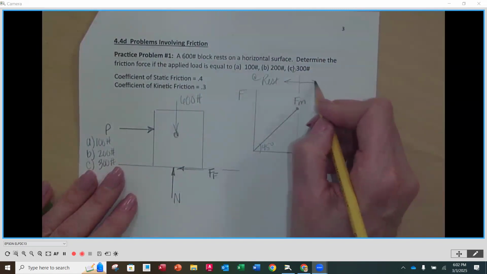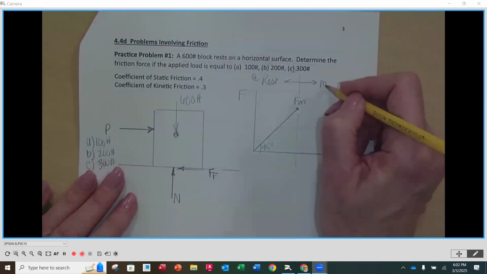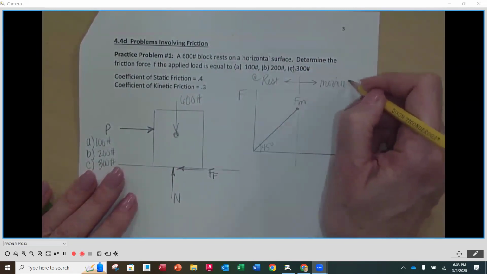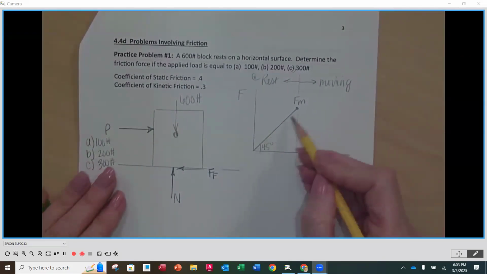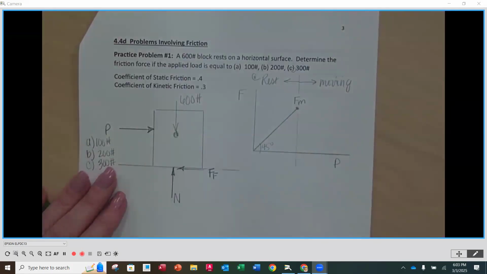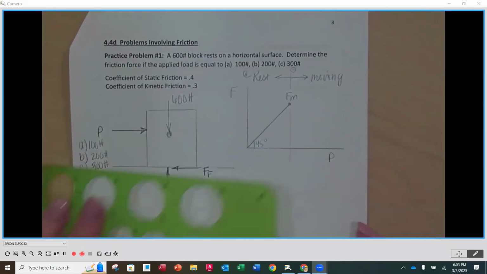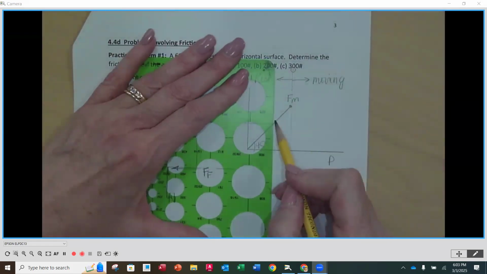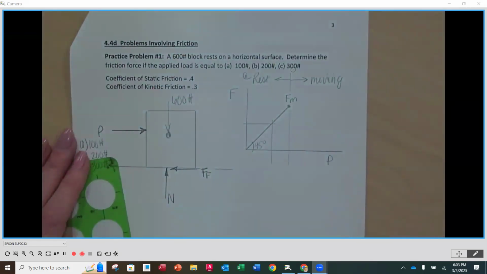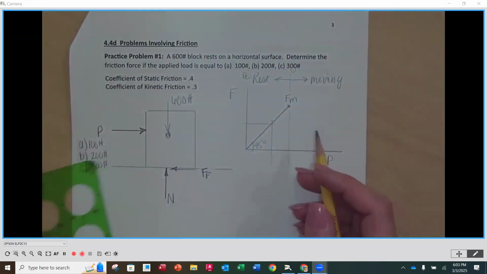Anything to the right of that, we're moving. If we are on the left-hand side at rest, then my friction force is going to equal my pushing force, because I'm not moving yet. So it's balancing it out.